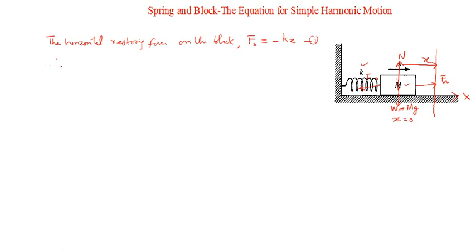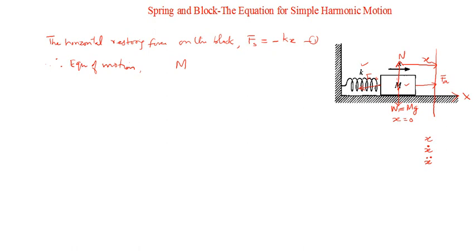Now we can write the equation of motion. For F, you can write mass into acceleration. What will be the acceleration here? The displacement is x, so velocity is dx by dt, written as x dot, and the acceleration is d square x by dt square, which is x double dot.